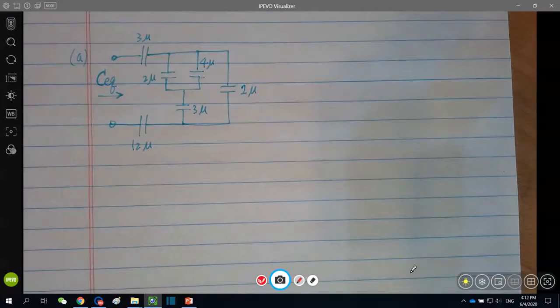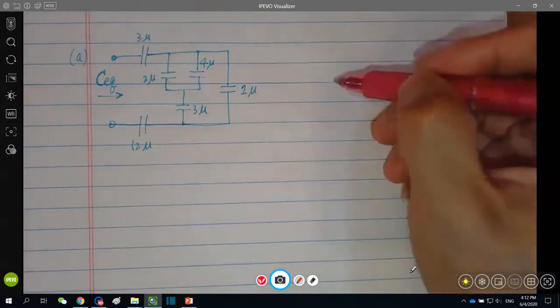Now let's take a look at the solution for the capacitor, example 5, circuit A. Remember, the combination rule for capacitors is opposite to that of resistors. So when you combine two parallel capacitors, you need to use plus. When you combine two series capacitors, you need to do 1 over the sum of reciprocals. With that being said, let's identify series or parallel first, and then apply the combination rule.